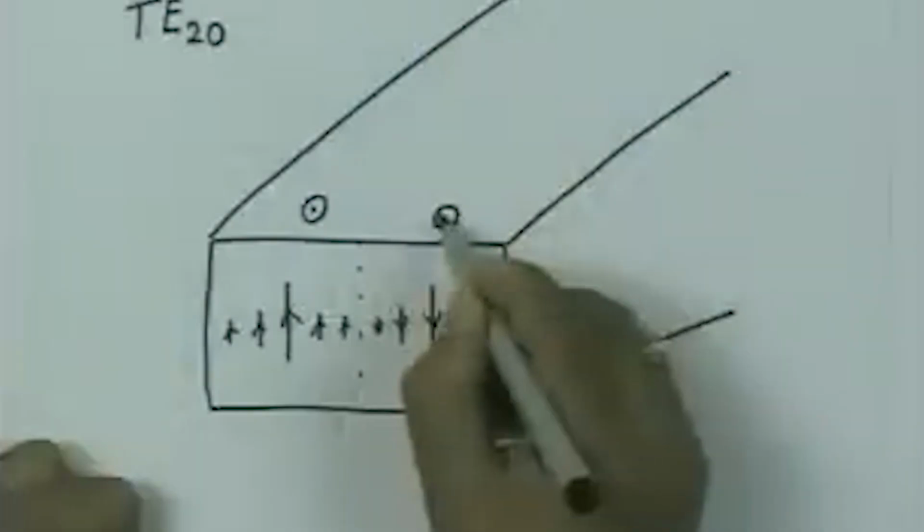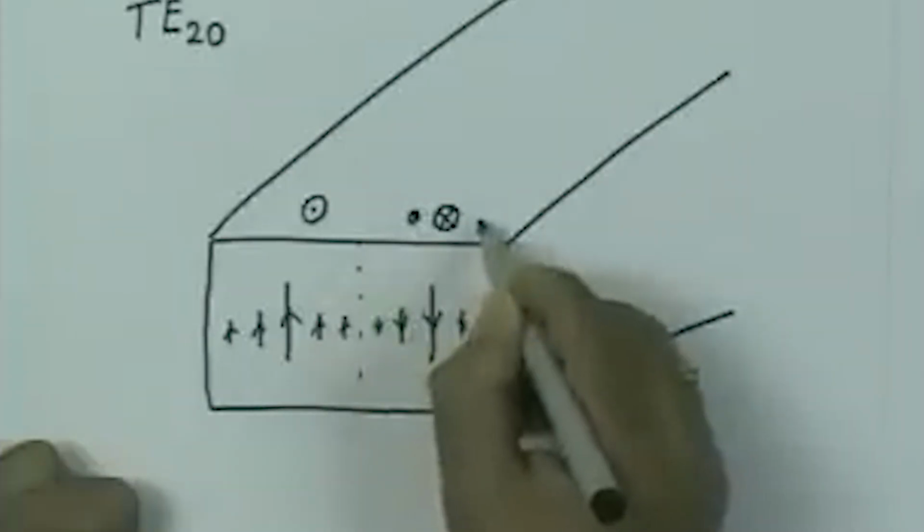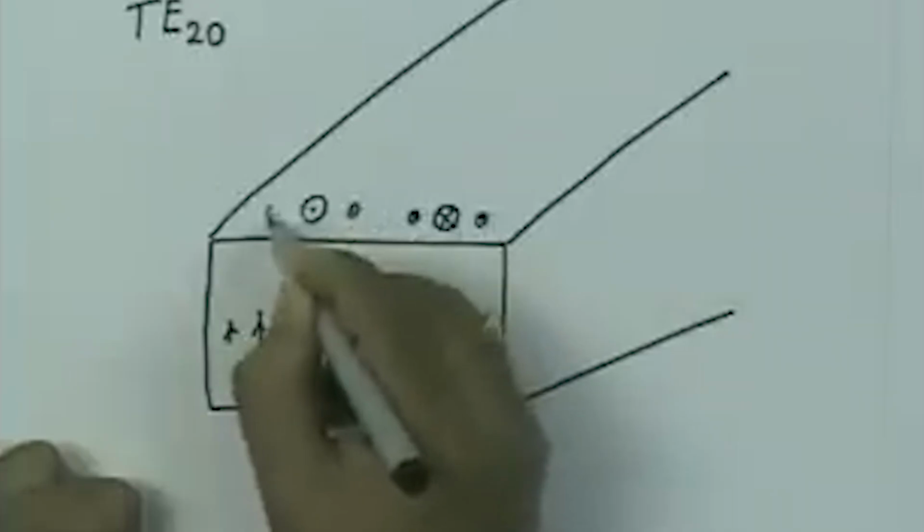Again, if I look from the top, you will see these circles: this is coming out, this is going in, and then this will be going in, this will be coming out, and so on.